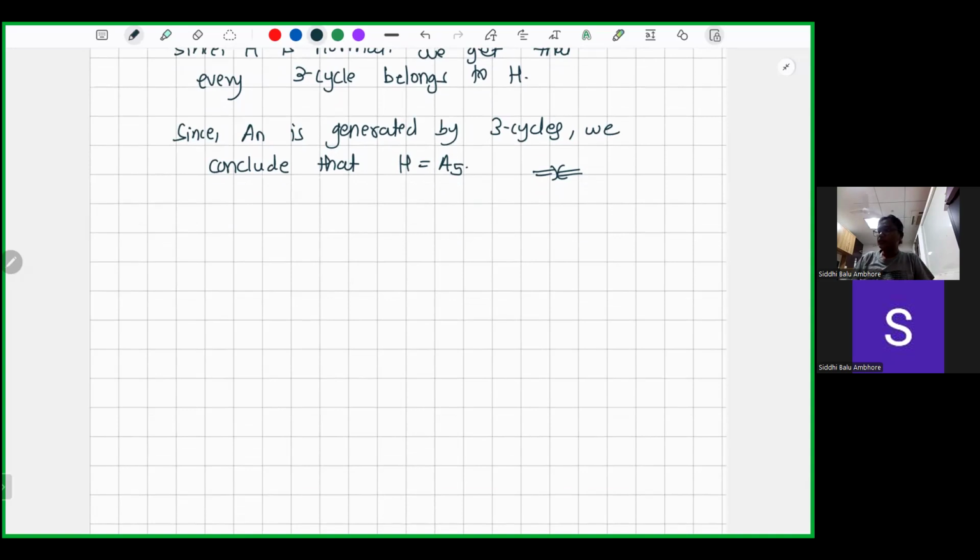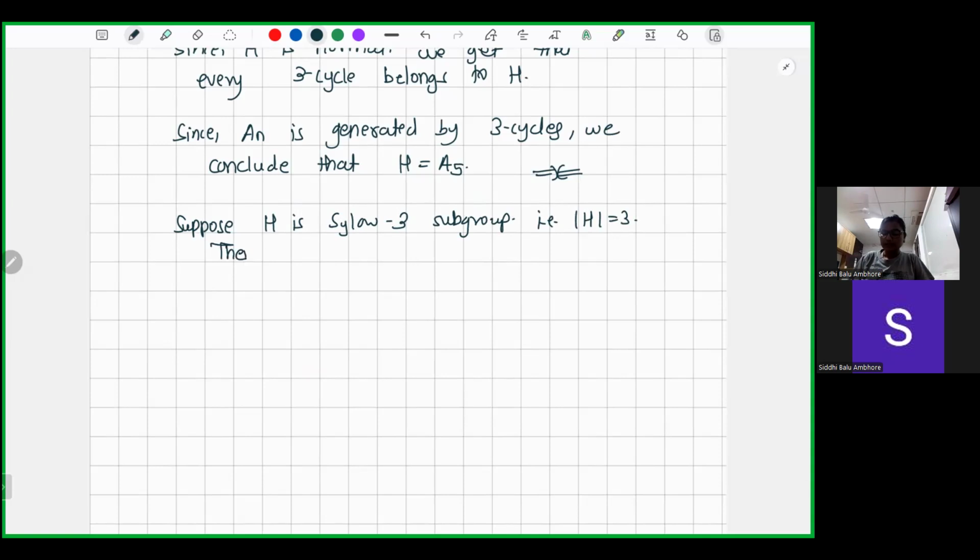Now what I need to do, now the two possibilities are, suppose order of H is 3. Sorry. Suppose H is Sylow 3 subgroup, that is order of H is 3.